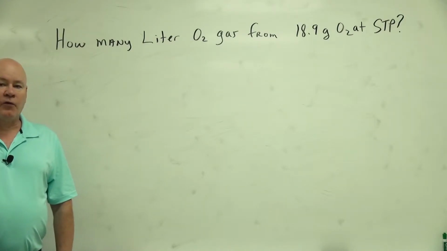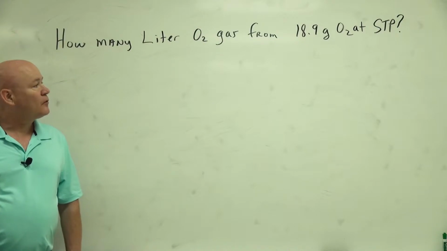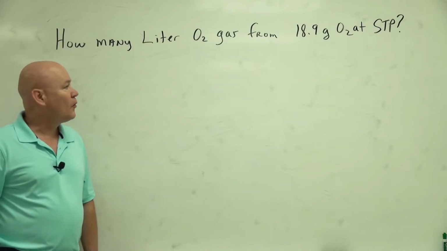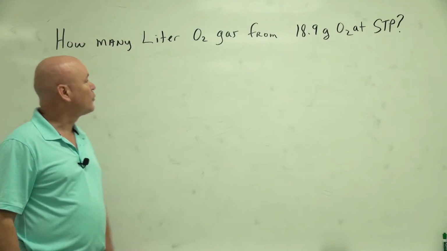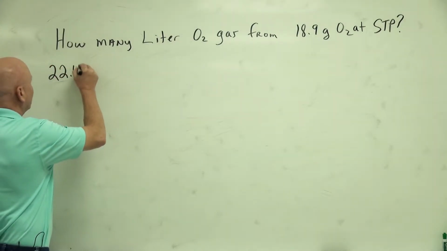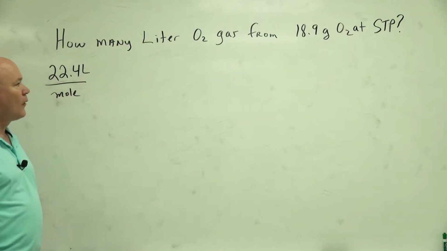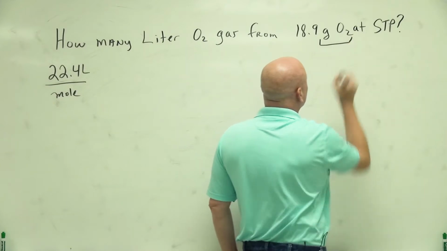How many liters of oxygen gas from 18.9 grams oxygen at STP? Well, the first thing I notice is that, of course, this is an STP, or standard temperature and pressure problem. So I'm going to need the conversion factor 22.4 liters per mole at some point. I also notice that I have grams oxygen.